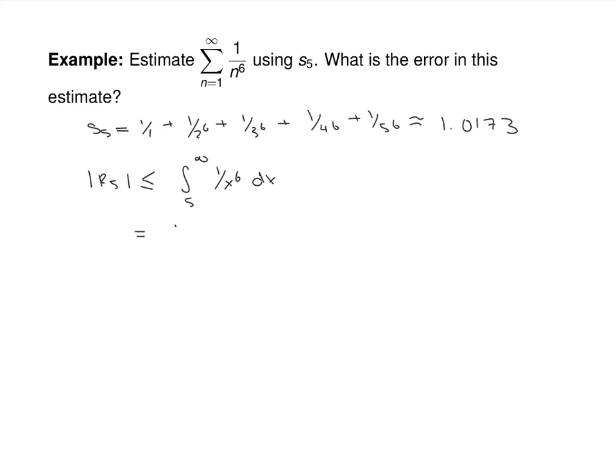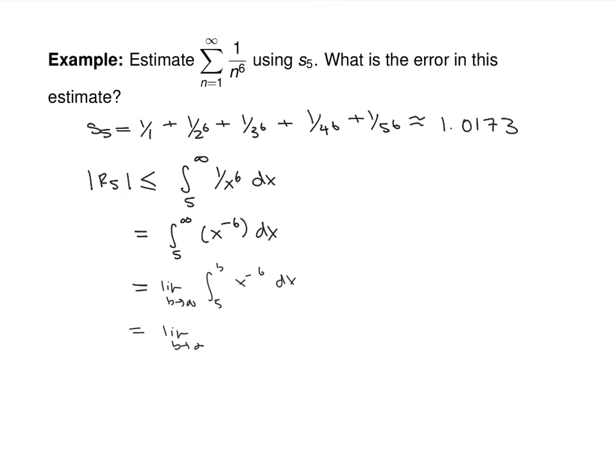So that's the integral from 5 to infinity x to the negative 6th dx. So that's a limit as b goes to infinity, integral from 5 to b, x to the negative 6th dx. So the antiderivative of x to the negative 6th is x to the negative 5 over negative 5, evaluated from 5 to b.